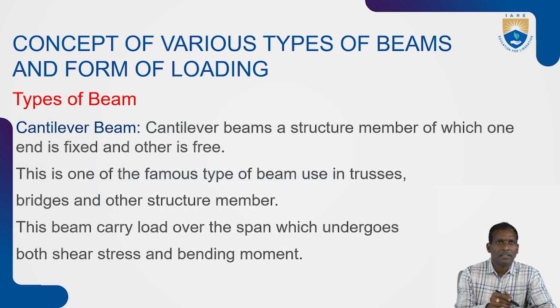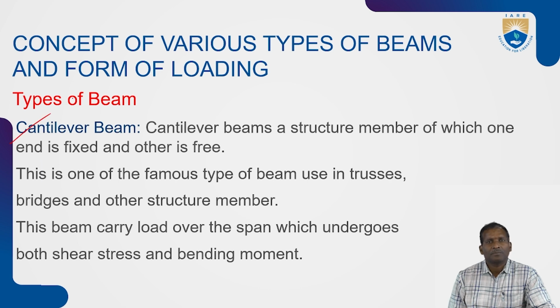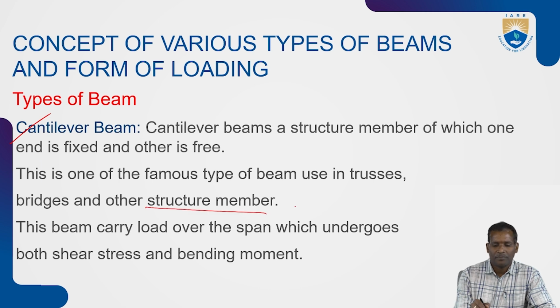The next one is the cantilever beam. A cantilever beam is a structural member of which one end is fixed and the other end is free. This is one of the famous types of beam used in trusses, bridges and other structural members.